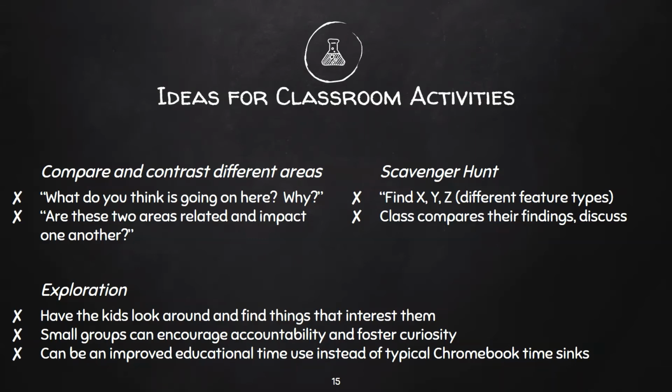Are these 2 areas related and impact one another? Another fun, useful one is to do some type of scavenger hunt. So you could find X, Y, or Z, different feature types, or different things.